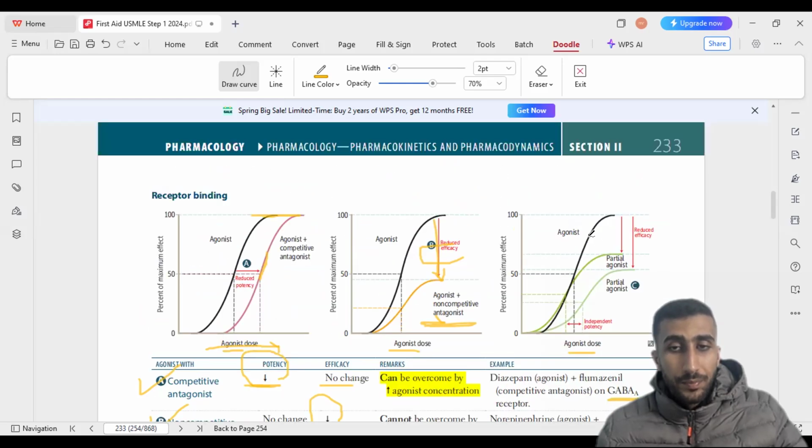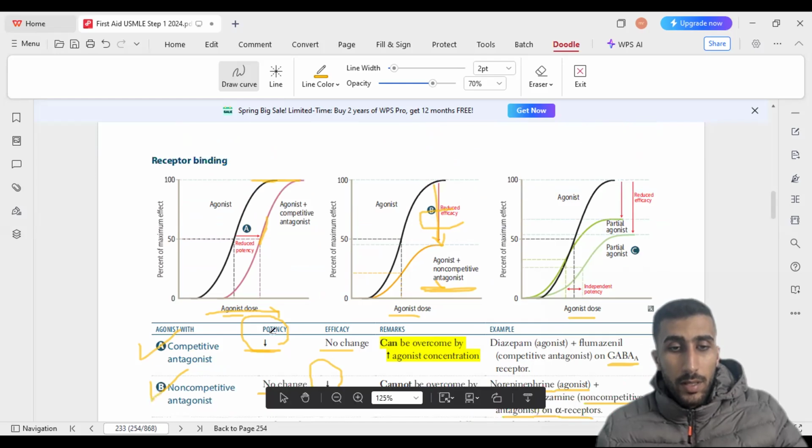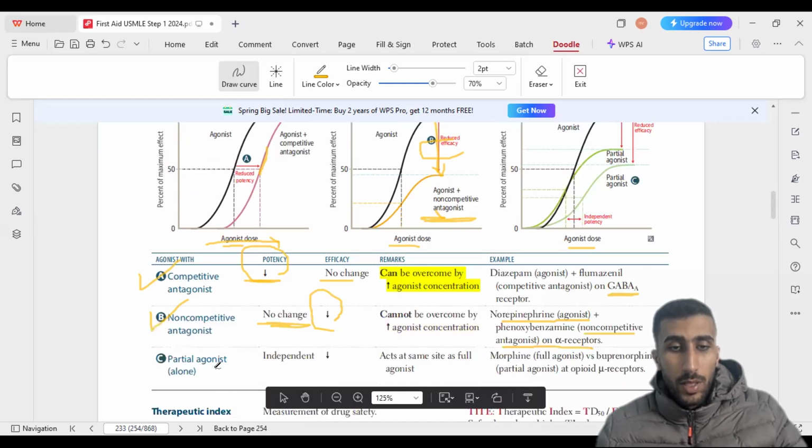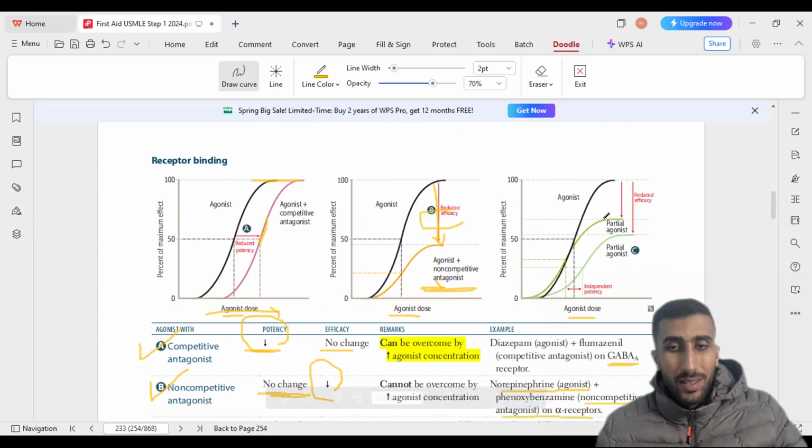Our third curve is the partial agonist. There is a decrease in efficacy also, but with different efficacies for different partial agonists. Some are stronger, some are weaker. For example, this line is the maximum effect for this partial agonist, and this is the maximum effect for another partial agonist.